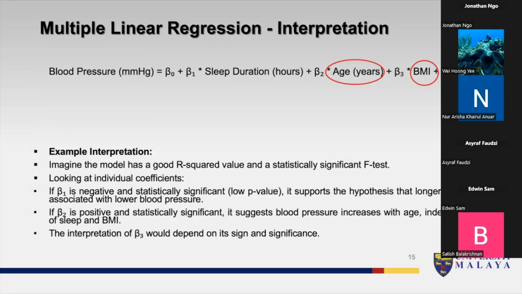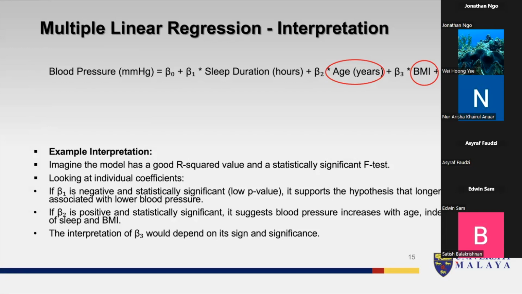So back to the example that we used just now. If the R squared value is close to 1, then your model is actually good to predict the relationship between dependent and independent variables. Then looking at the individual coefficients, if it has a low p-value, which is statistically significant, look at whether it is negative or positive. If it's negative, it supports your hypothesis, meaning that longer sleep is associated with lower blood pressure.